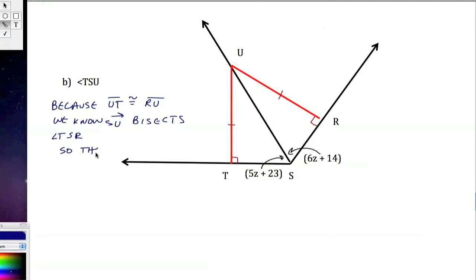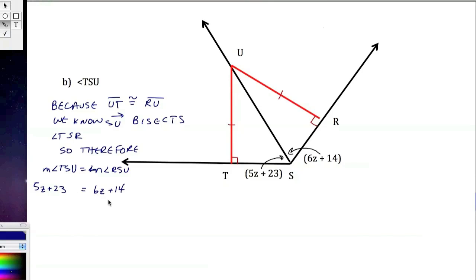So therefore, we know the measure of angle TSU is equal to the measure of angle RSU. So we know 5Z plus 23 is equal to 6Z plus 14.